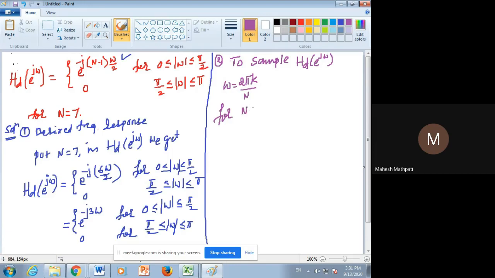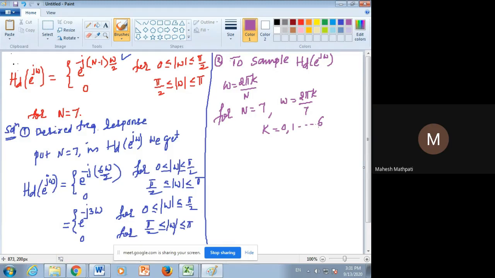For n equals to 7, this becomes omega equals to 2 pi k by 7. For the value of k, k equals to 0, 1 up to 6, that is up to n minus 1. As n minus 1 is there, we are writing it as up to 6.